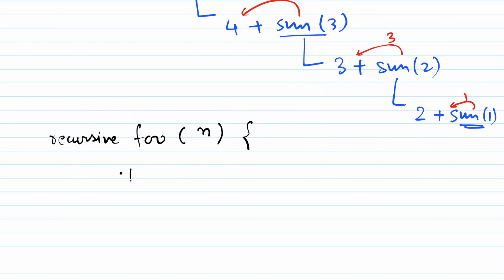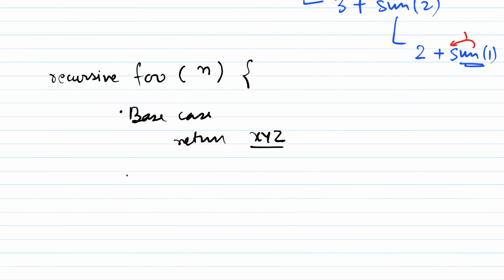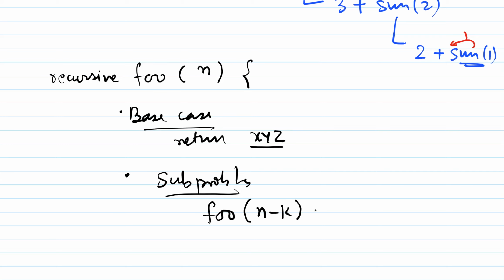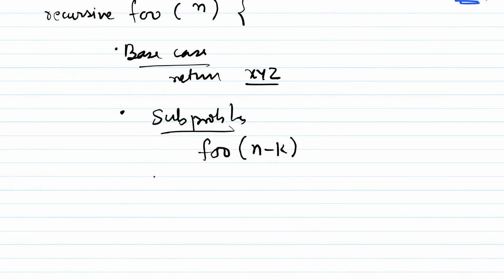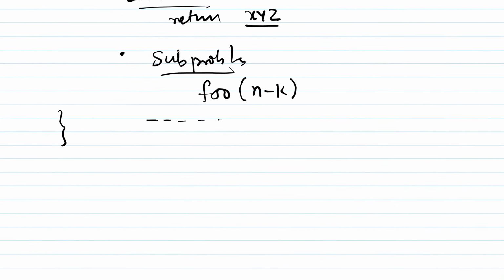So it will have one base case which will return something depending on the base case, and then we will have a sub problem or the recursion which will try to call foo again with some smaller value of n and k. Then we will have some other code. So this is the typical body of a recursive function.